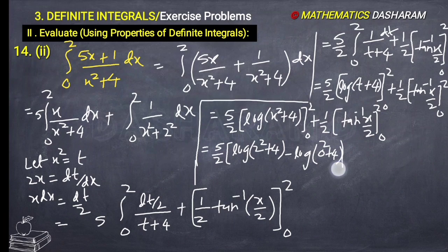Next, 1 by 2 bracket of tan inverse 2 by 2 minus tan inverse 0 by 2.